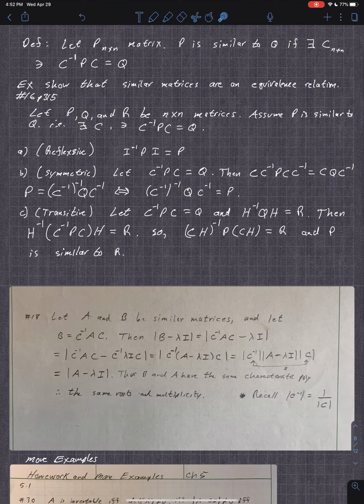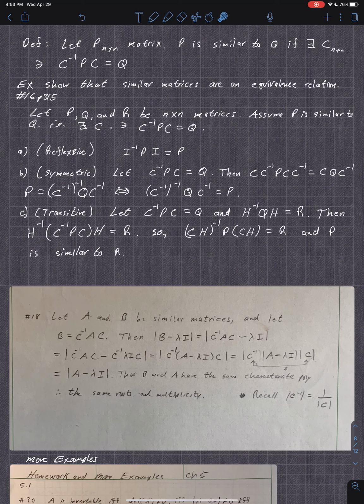Then transitivity: basically you set up two of those, and then you manipulate that. What's nice here is that in some ways it's easier. You take your Q, which is this, and substitute in. So you have H, and here's your Q, H, and then you simplify it. You're using one of those properties we had way back when, where if you have H inverse, C inverse, first we're doing associative properties.